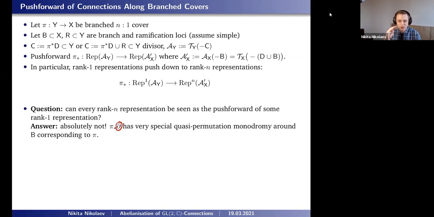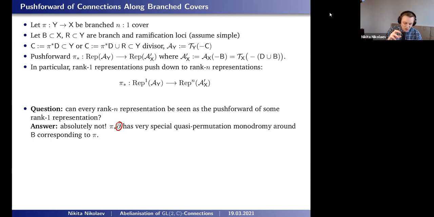It's what is called the quasi-permutation monodromy, and it's basically dictated directly by the covering Y itself. So the covering Y, because it's branched at that point, has an associated monodromy, which is some kind of permutation monodromy.